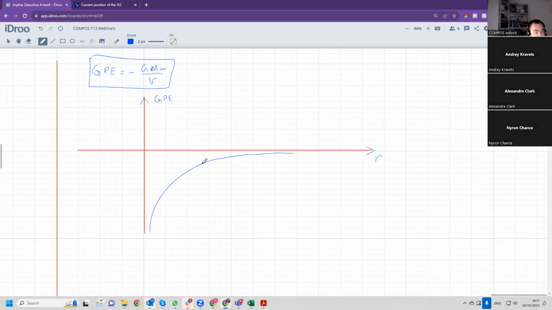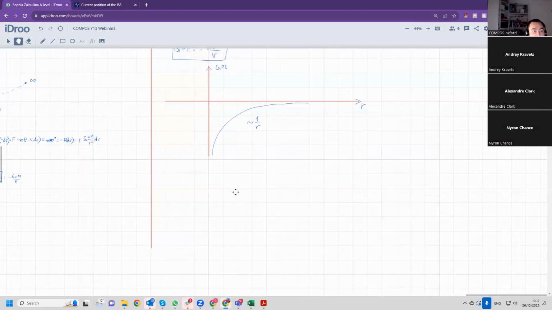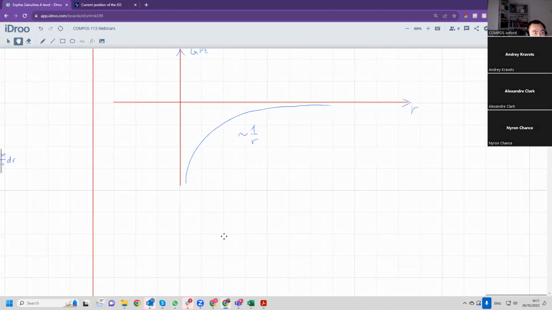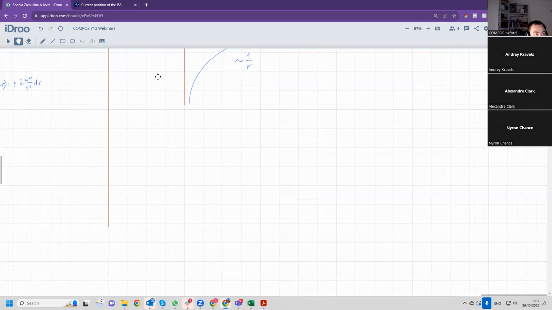Right. So it's negative, and then it behaves like this. It's proportional to 1 over R. Interestingly, if you're inside a planet, the gravitational potential does not change. So how does that work?